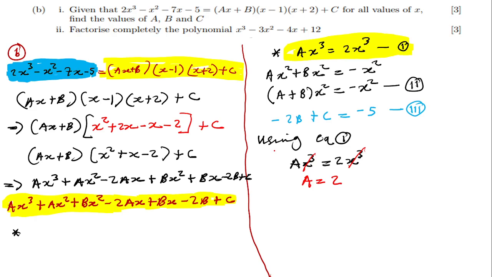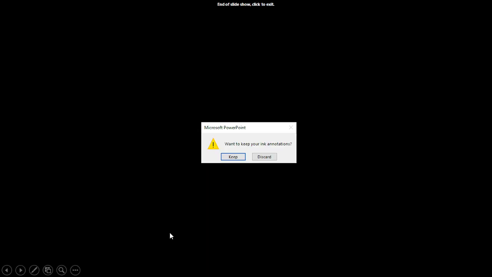Using EQ2, from equation 2 what we have is (a plus b)x squared is equal to negative x squared.